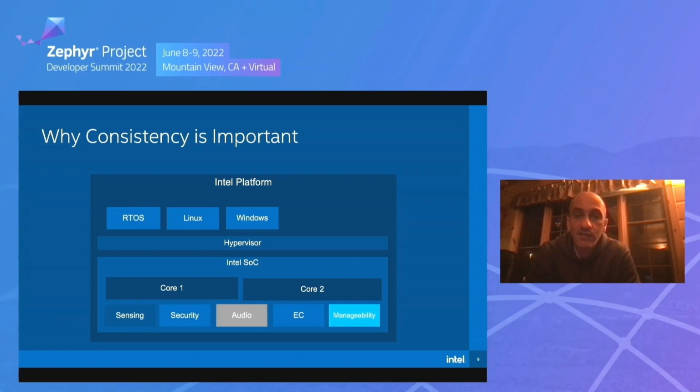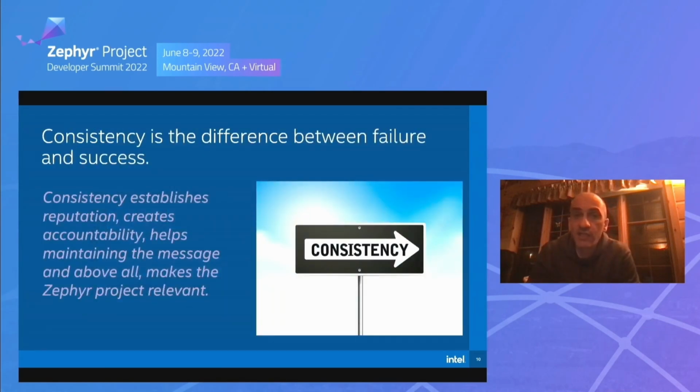So that's a key point, and it is one of the major advantages of using Zephyr when compared with other RTOS environments. So having said all of that, I think the summary of all of this is that consistency is really the difference between failure and success, especially when it comes to open source projects and our project in particular.